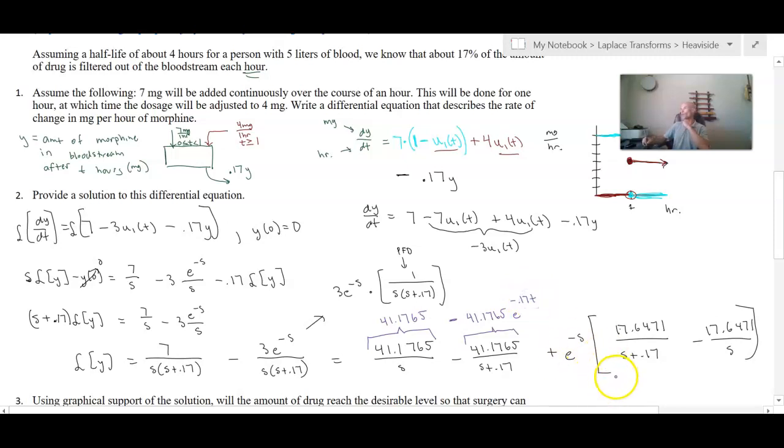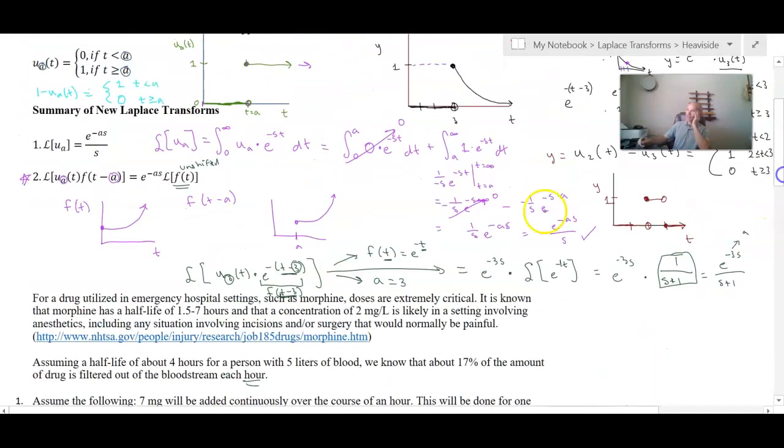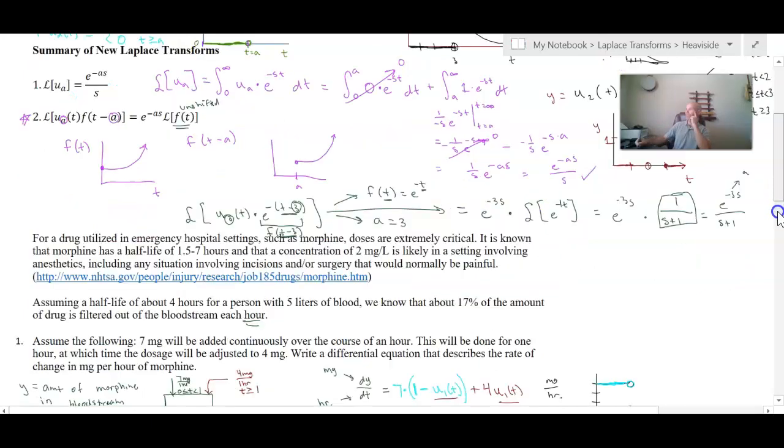Over here is where we're going to bump into a little bit of a challenge. Now I'm going to go ahead and just factor out this 17. Oh, maybe I won't. See, I change my mind all the time. Okay, because I have this e to the negative s multiplying this, this is actually going to require us to utilize the second operation here. We have something of the form e to the negative as times the Laplace of some function.